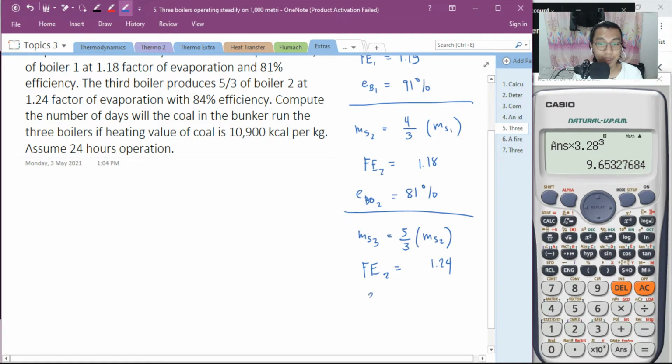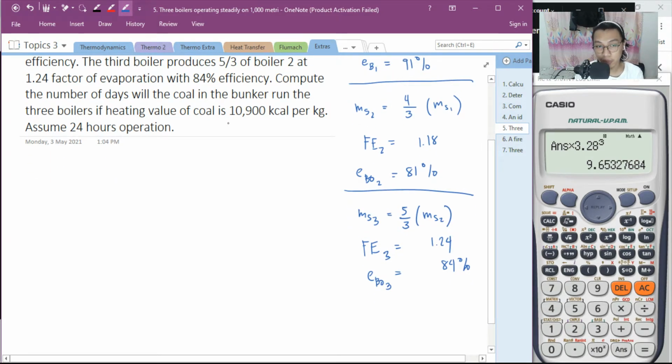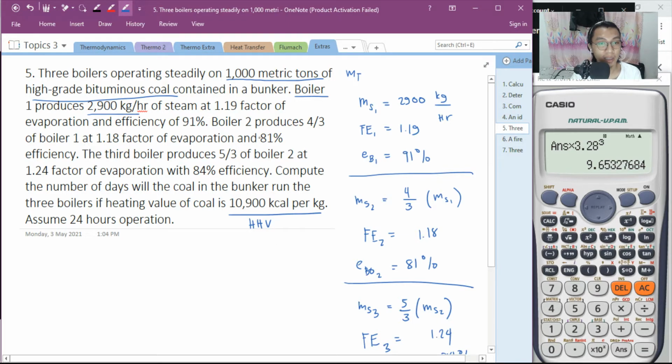And then, the efficiency ng boiler na yun is 84%. Okay. Now, pare-pareho lang naman po ng coal na ginamit. So, the HHV of the coal is 10,900 kilocalories per kilogram. Assume that we have 24 hours operation. Ang hinahanap po natin is the number of days it will last, yung coal.